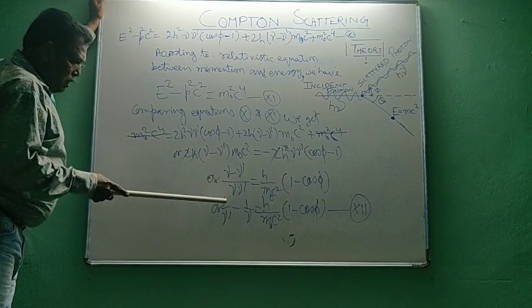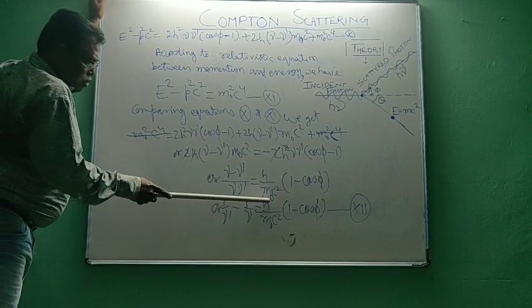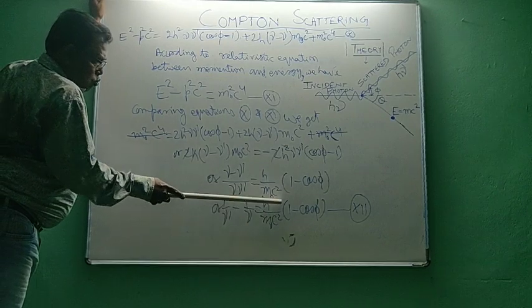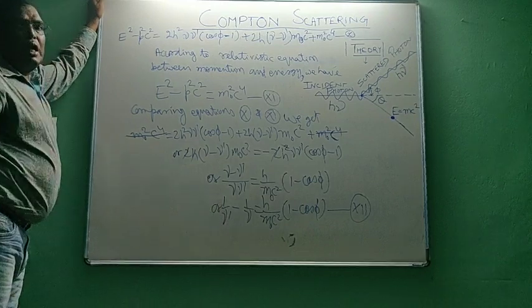From this we get 1 by nu dash minus 1 by nu equals h by m naught c square times 1 minus cos phi. It is equation number 12.